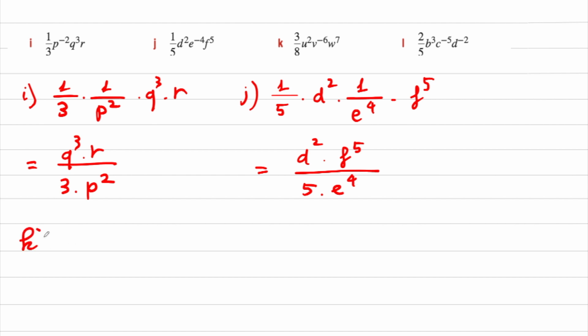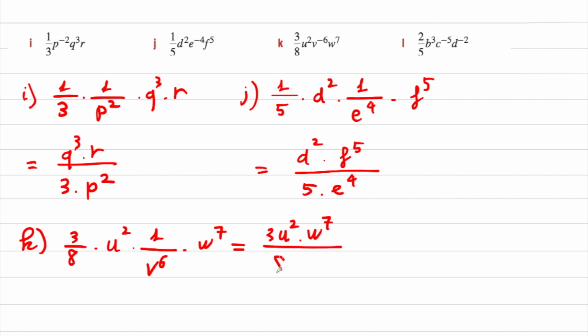Question K, 3 over 8 and u squared v minus 4. Okay, 1 over v minus 6. In this form, w squared 7. 3 u squared w 7 over 8 times v to the power of 6.